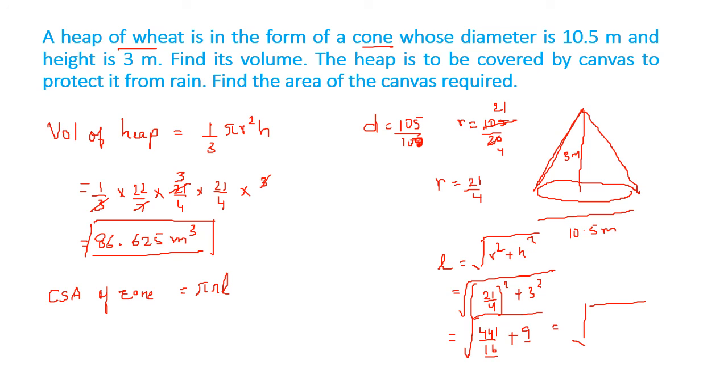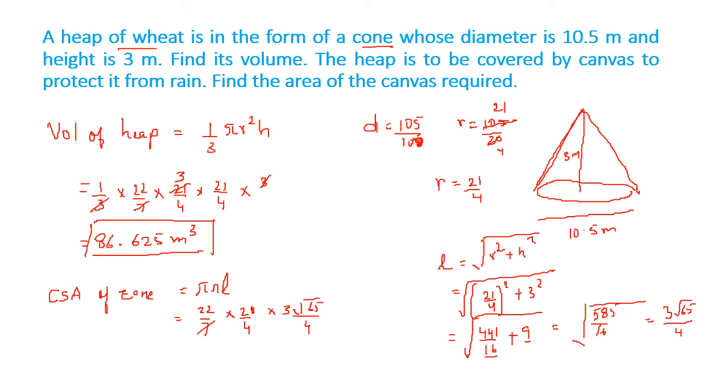So this is 585 upon 16, equal to under root, you get 3 root 65 upon under root of 16, that's 4. So the CSA will be 22 by 7 into radius, which is 21 upon 4, into L, which is 3 root 65 upon 4.